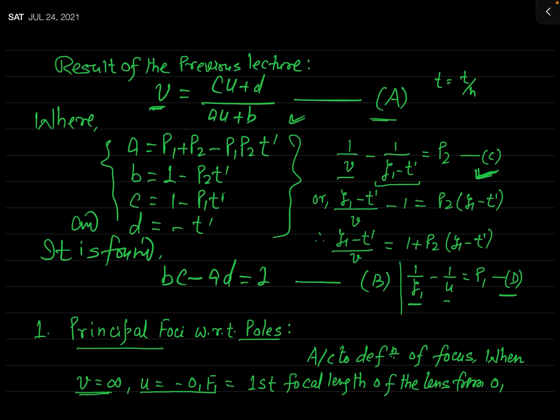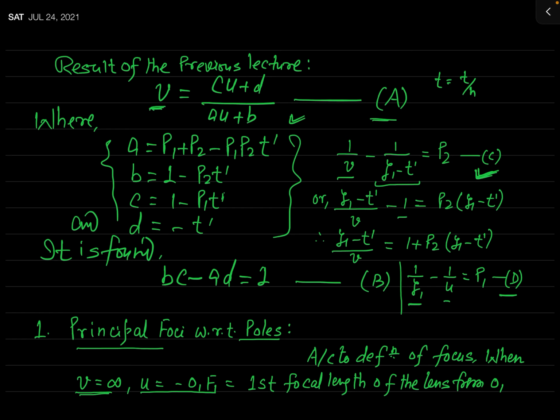If you multiply equation C on both sides by Y1 minus T prime, the first term will be Y1 minus T prime over V, in the second term Y1 minus T prime will cancel out so that will be 1, and on the right-hand side there will be P2 into Y1 minus T prime.